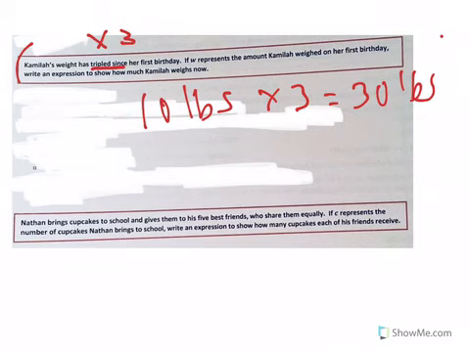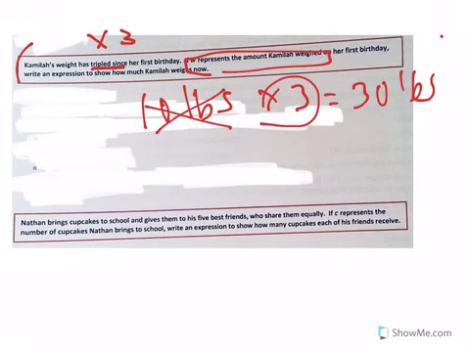But what you can say is, well, I know we're taking something times 3, and they're saying that W represents how much she weighed. So instead of 10 pounds, which we don't know if that's the actual weight, we're going to write W times 3, and we know that you don't want to actually write an X multiplication symbol because it looks like the letter X, it looks like another variable.